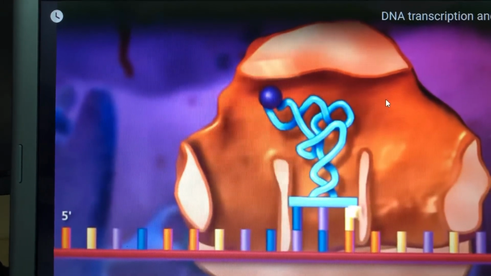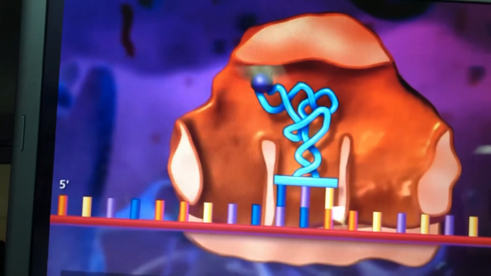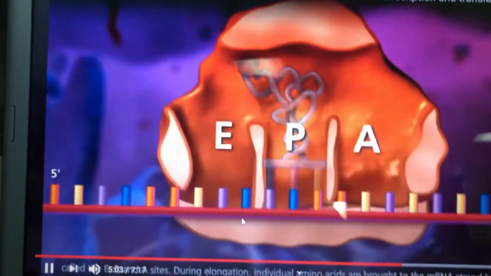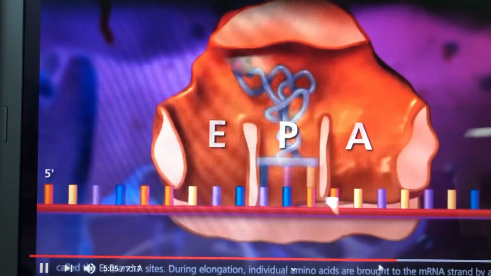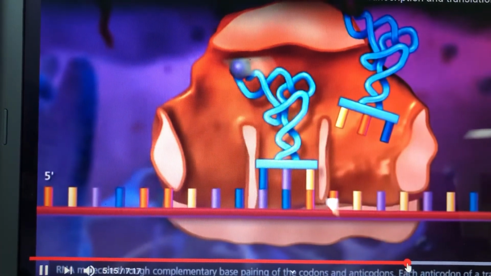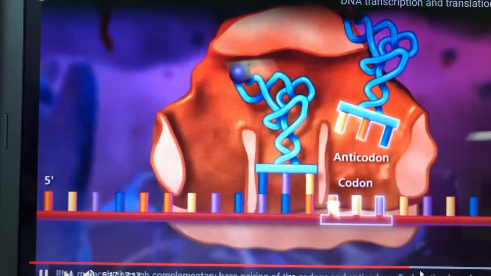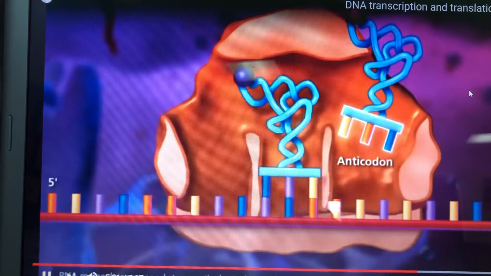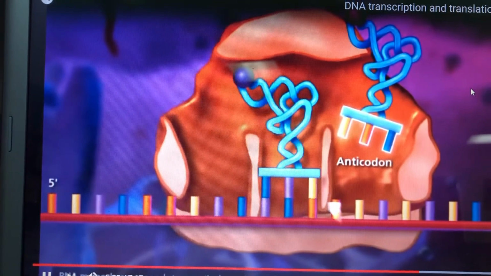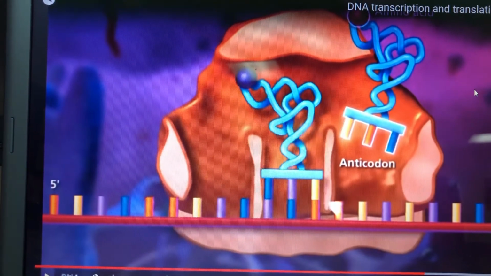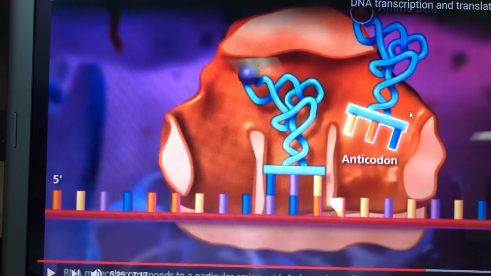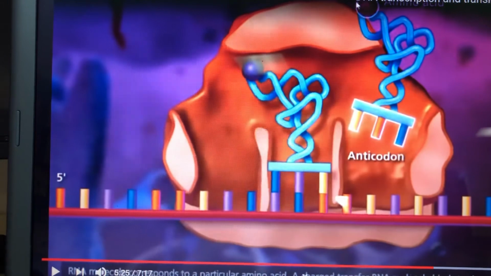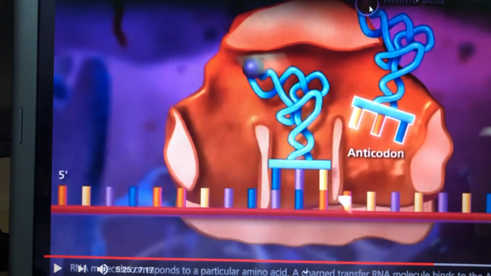In the large ribosomal subunit, there are three distinct regions called the E, P, and A sites. During elongation, base pairing of the codons and anticodons occurs. Each anticodon of a transfer RNA molecule corresponds to a particular amino acid.